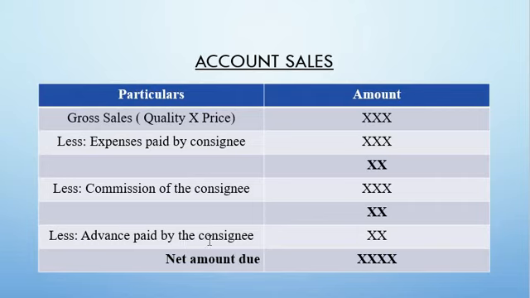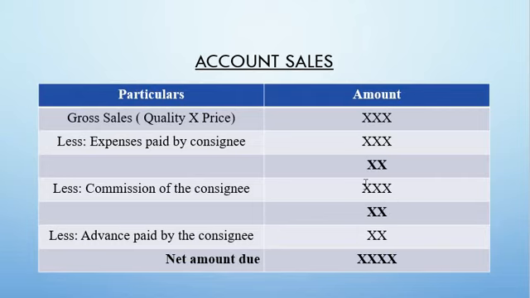For example, suppose the consignor has sent goods worth rupees 10,000 for sale to the consignee, and the consignee has given some amount of advance, say 4,000 rupees, to the consignor beforehand, before he makes the sales. Then the advance amount of 4,000 which he has paid will be deducted.